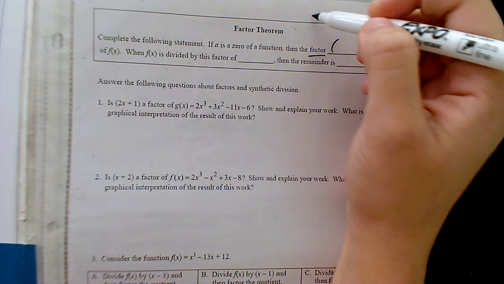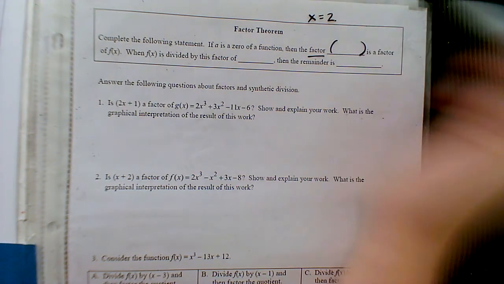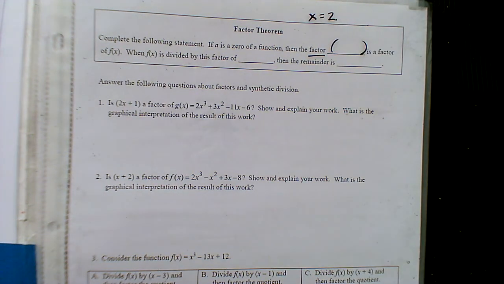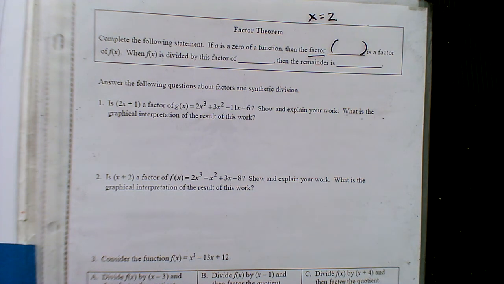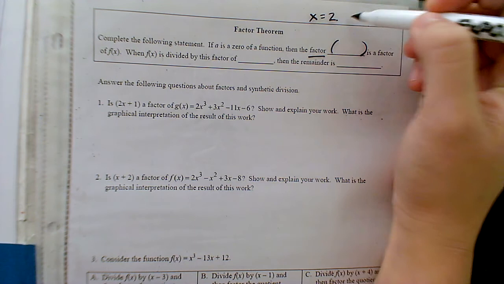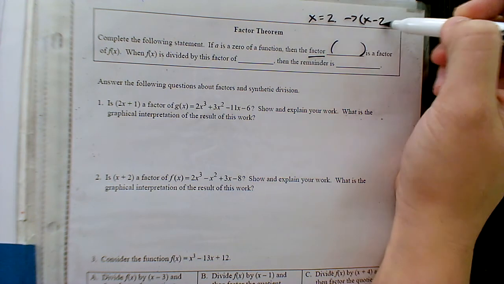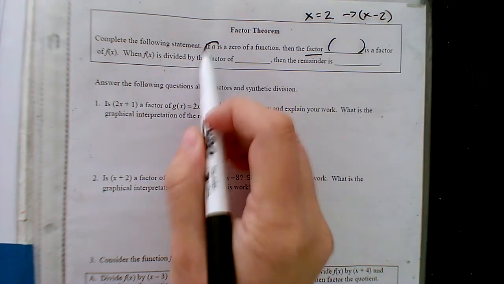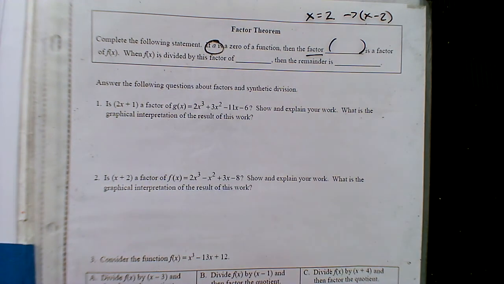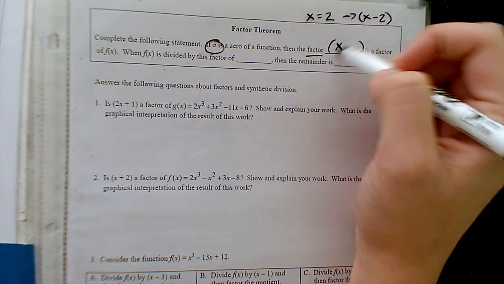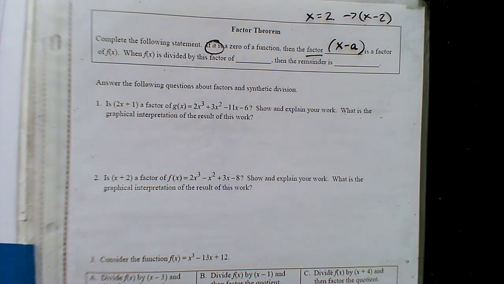For instance, if we had an x-intercept at 2, what would the factor look like from the equation? It would look like x minus 2, okay? So, using that logic, if a is an x-intercept, then the factor would look like x minus a, okay?